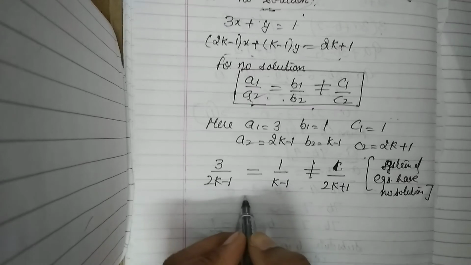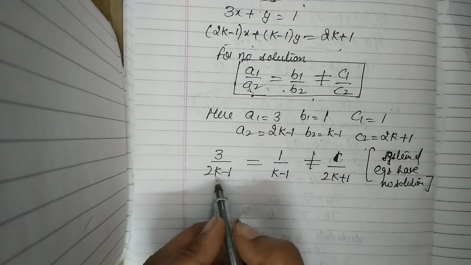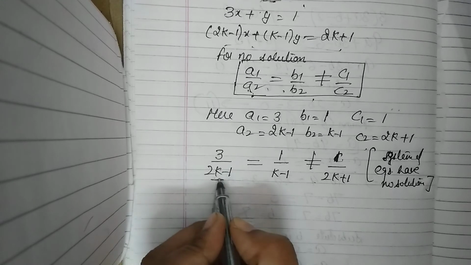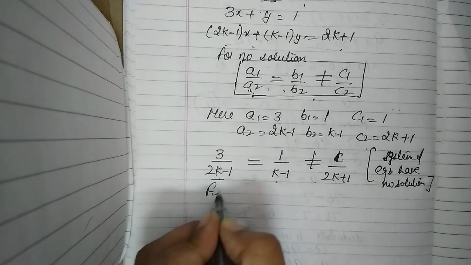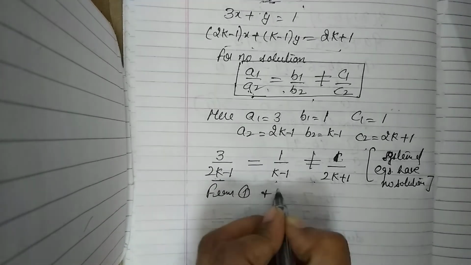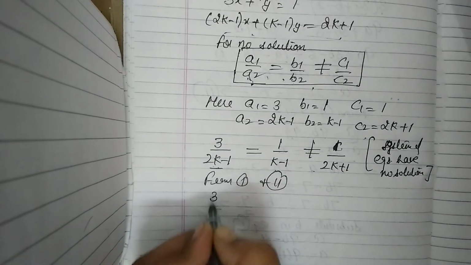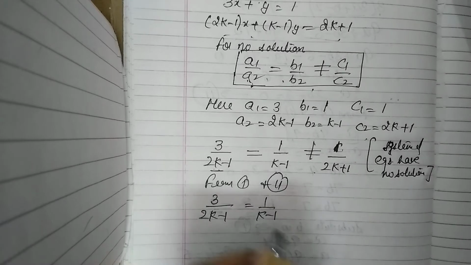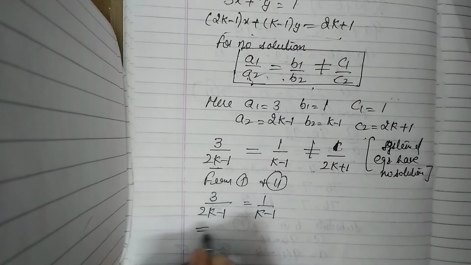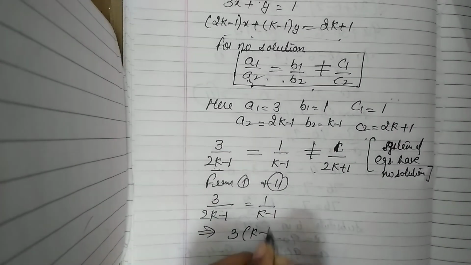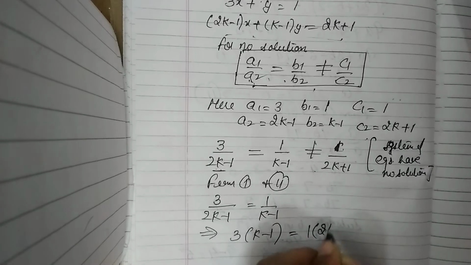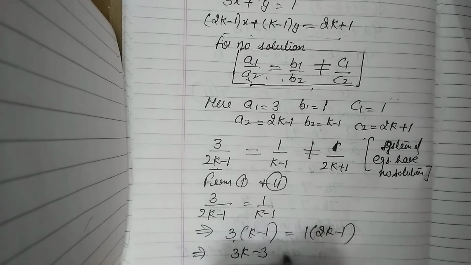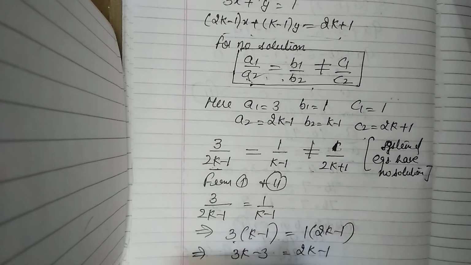So now solving this type of equations, firstly consider any two equations. I am taking first and second. From first and second, 3 upon 2k minus 1 equals 1 upon k minus 1. By cross multiply, 3k minus 3 equals 2k minus 1.